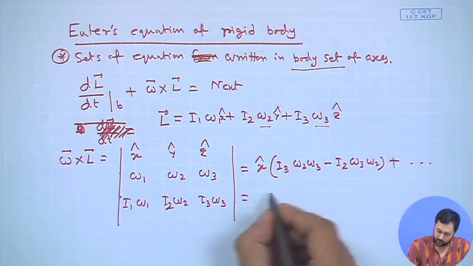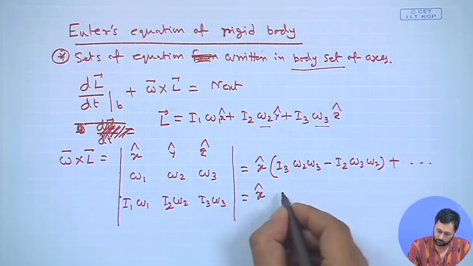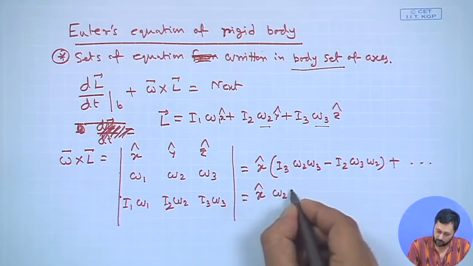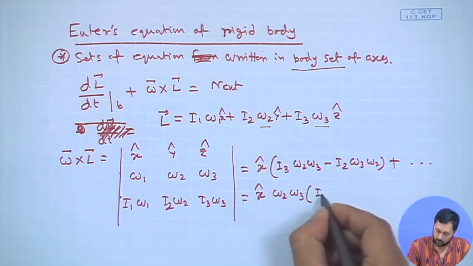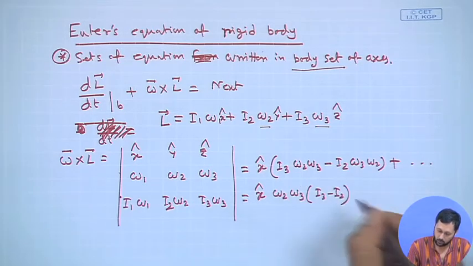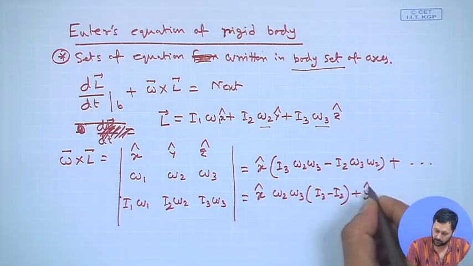So it can be written as x cap omega 2 omega 3 (I3 minus I2) plus y cap.